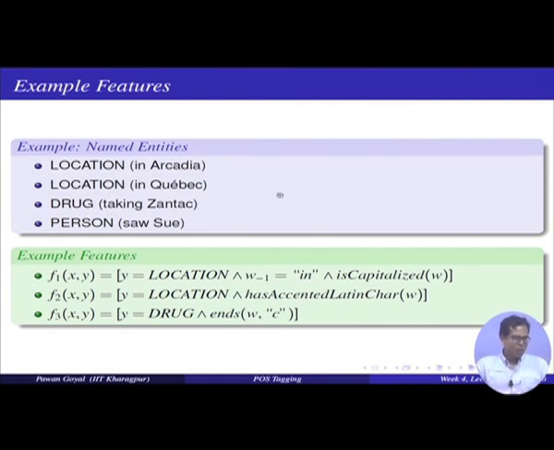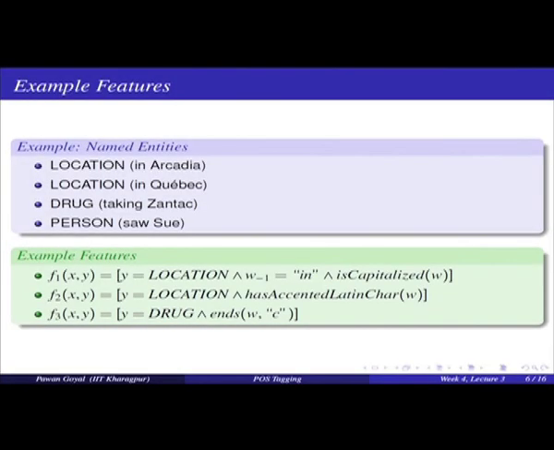Third feature: y is drug and the word ends with "c". It will be 1 for Genentech, since the word w ends with a c. So you can see some examples of what kind of features you can take. But the important thing is the intuition that you can choose any feature around the word w, and that also involves the current class.